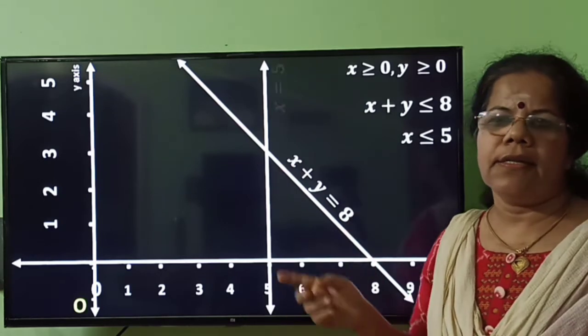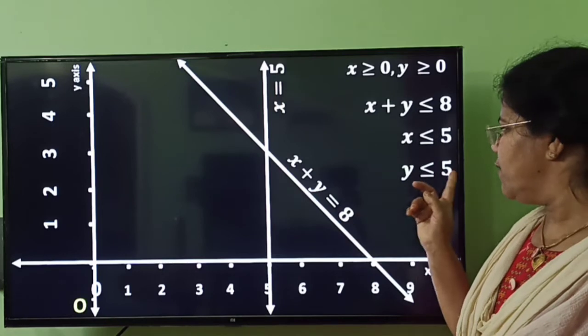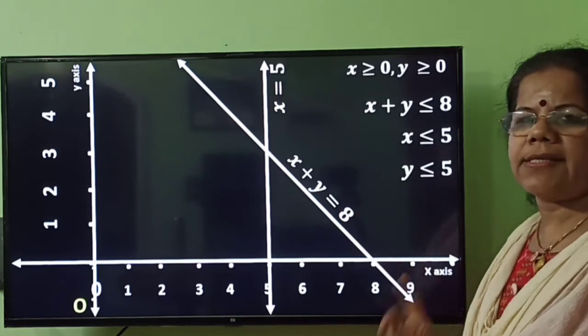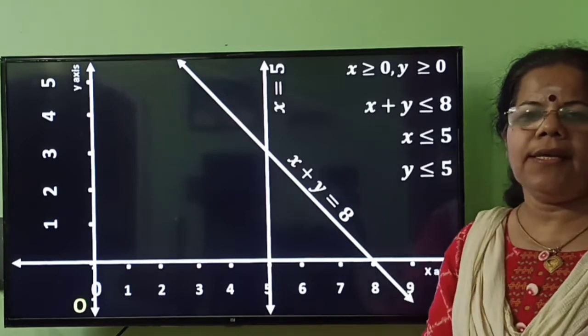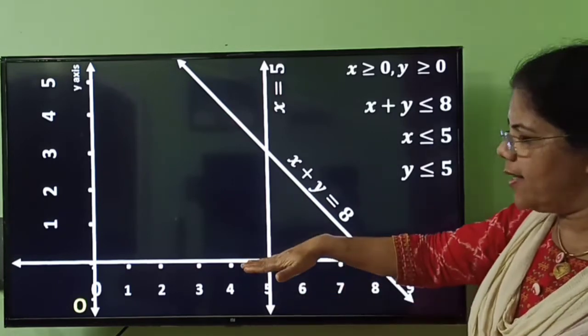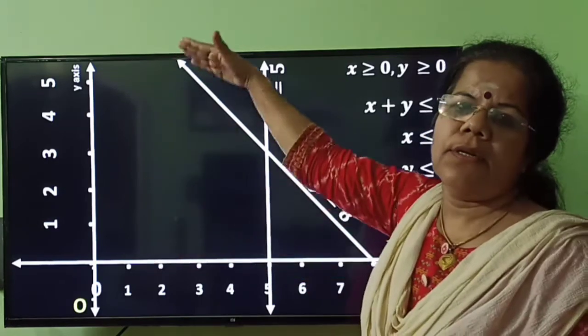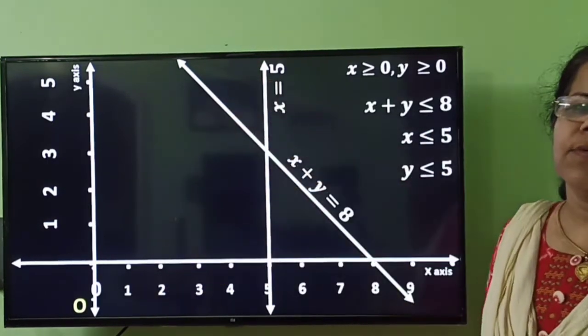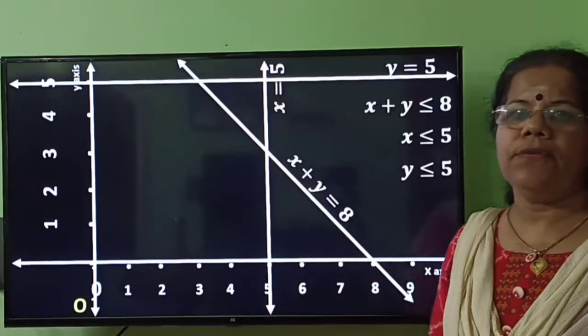Now again, the next one is y less than or equal to 5. Again, y equal to 0 is the x-axis. y equal to 5 is a line parallel to the x-axis at a distance of 5 units from the origin, right? So directly we have drawn the line y is equal to 5.